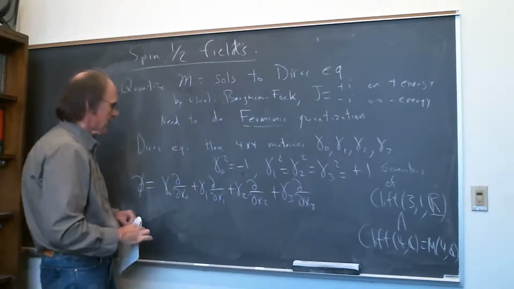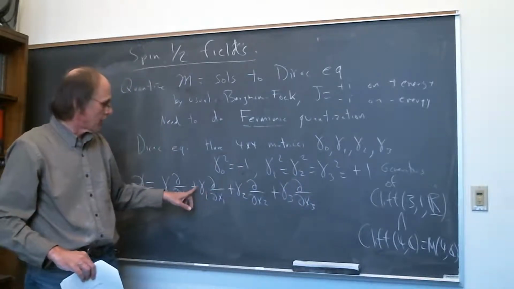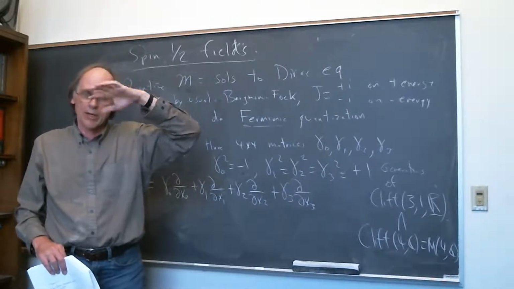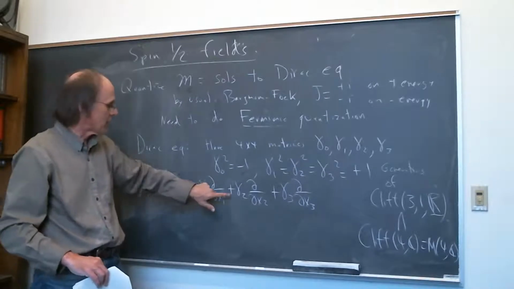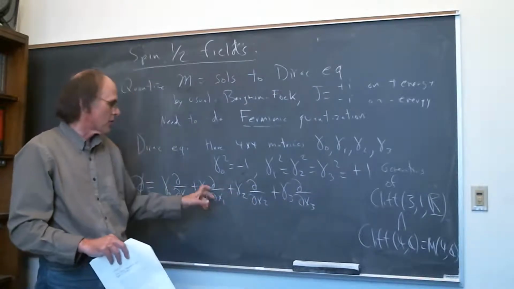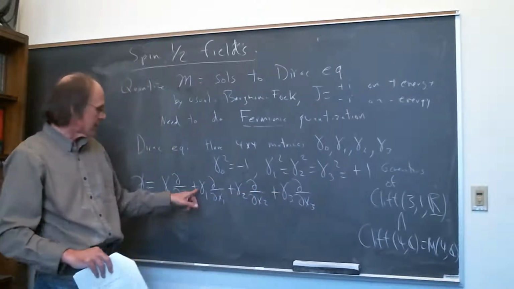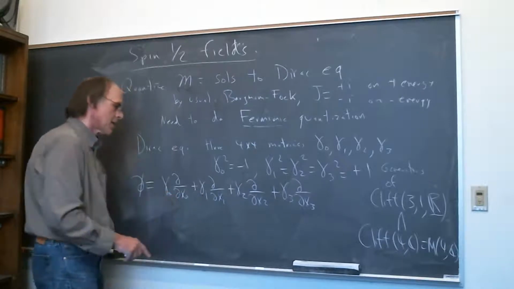In some sense this is the four-dimensional generalization of what I did when I was talking about the Pauli-Schrödinger equation. Remember, I talked about this Pauli operator, where these were Pauli matrices. That was a 2x2 matrix story. This is now a 4x4 matrix story.